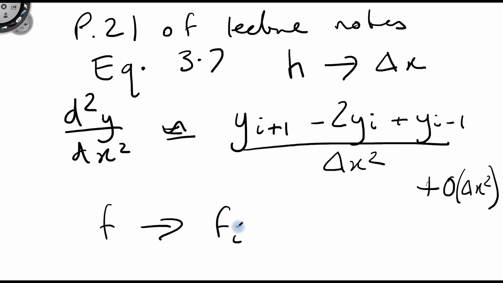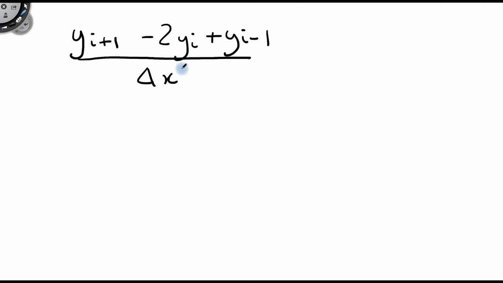So the equation we're solving is this. We have y i plus 1 minus 2y of i plus y i minus 1, all over delta x squared, equals f of i, for i equals 1 all the way up to n minus 2.